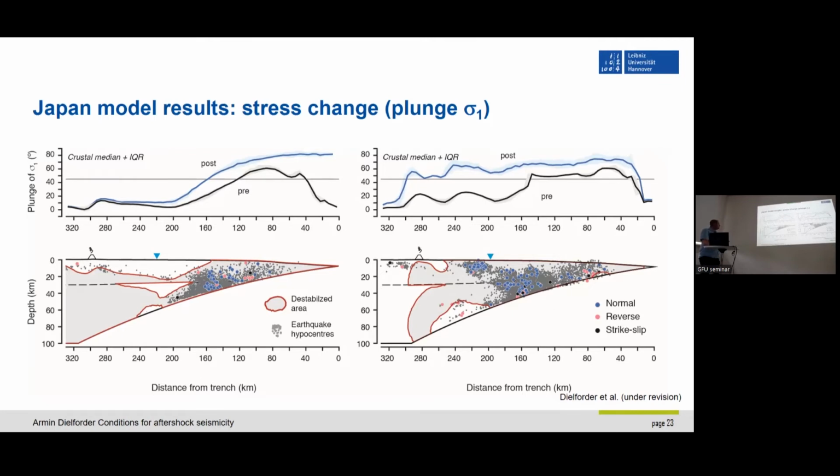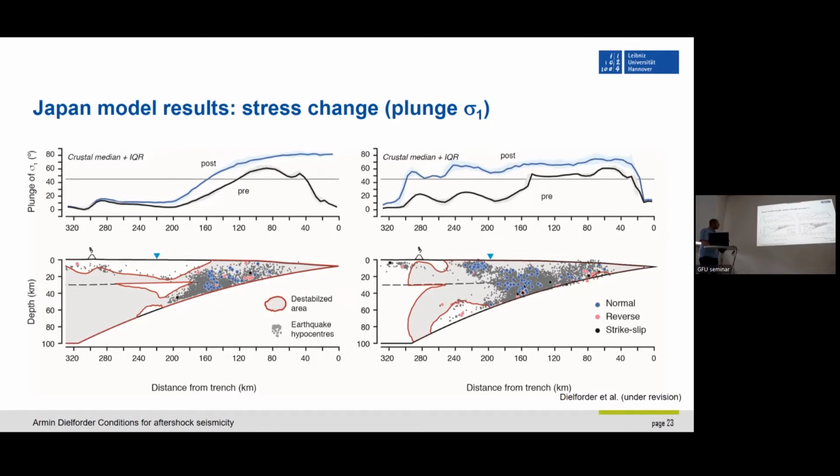You see for the pre-seismic state, most of the forearc is under compression, except for some small areas here and also in Sendai here. And post-seismically, for the main area, the first 160 to 170 kilometers of the forearc are under tension, and this fits also the extent of the normal faulting events.